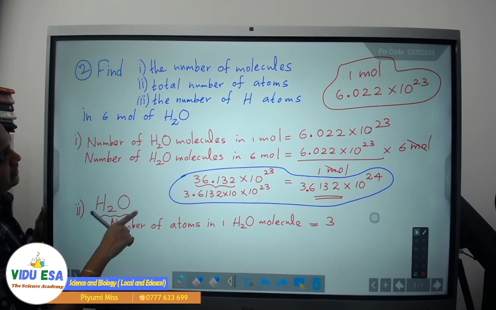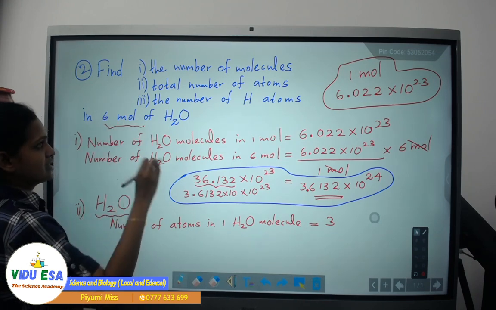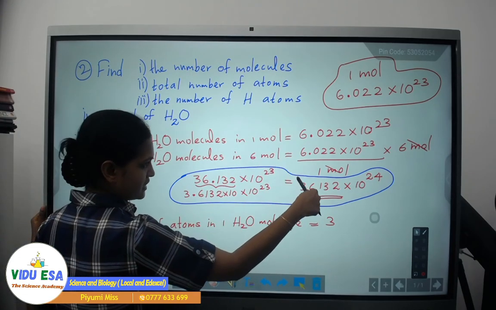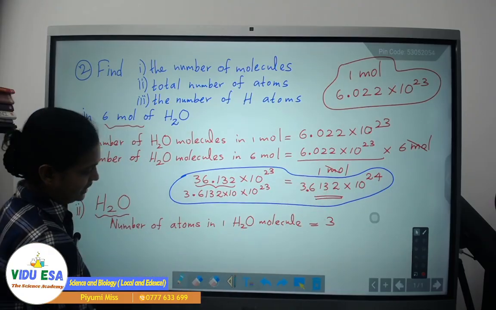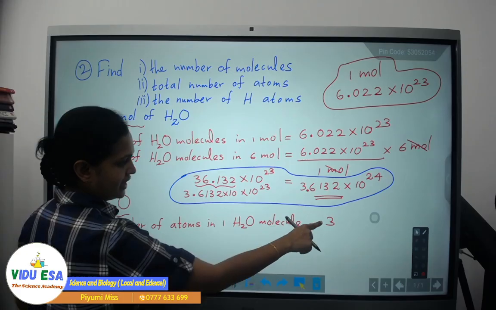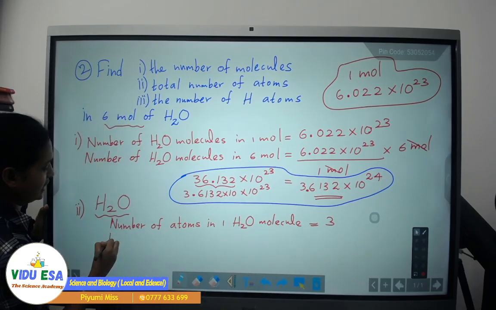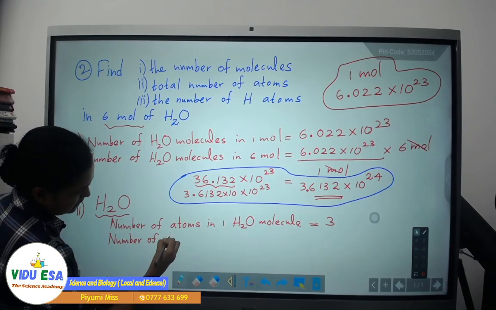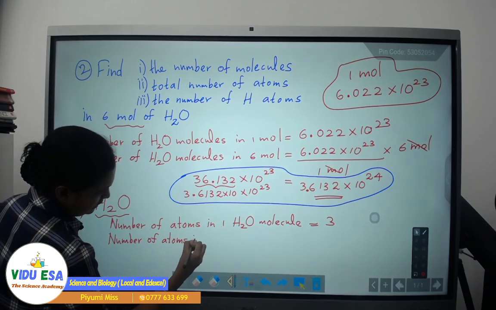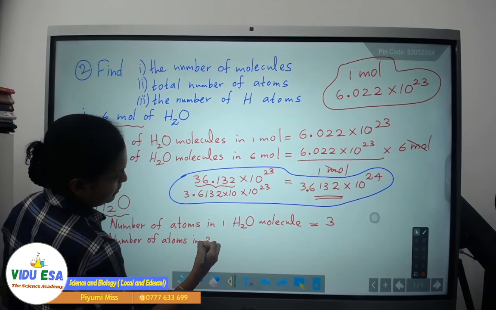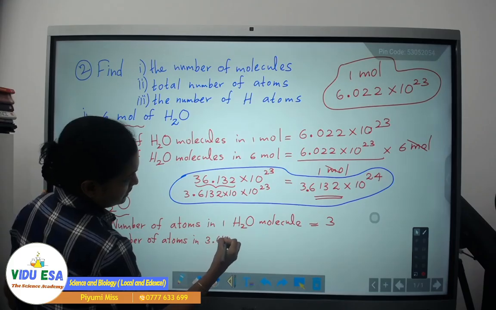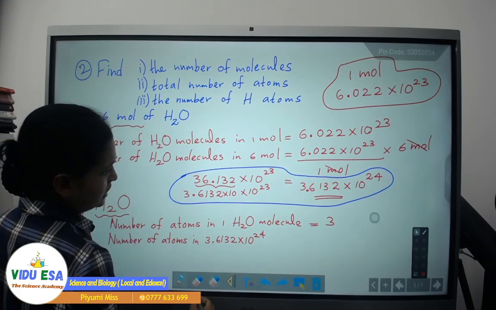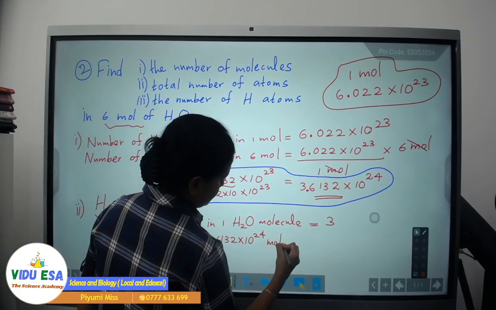Right? Then you are asked the number of atoms in 6 moles of H2O. So, we have found that in 6 moles, this much of molecules are there. In 1 molecule, there are 3 atoms. So we can say number of atoms in 3.6132 into 10 to the power 24 number of molecules, right?